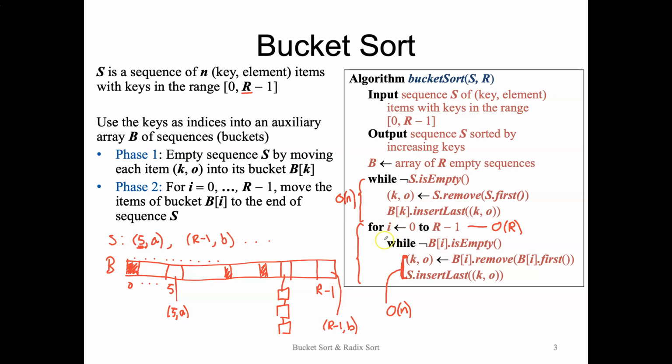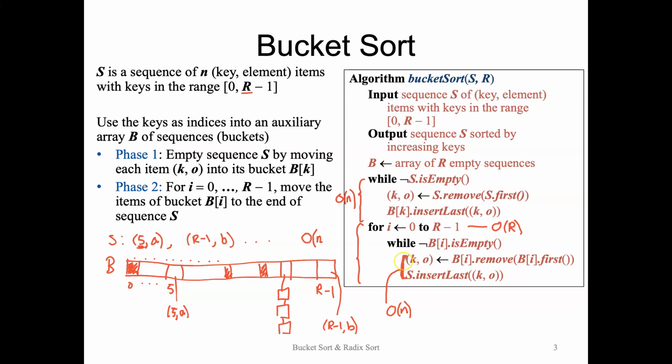So that means our total running time for this second phase is big O of n. This is how much time we spent removing those items from the array and putting them back into our sequence, because we can access an array in constant time, remove from a list in constant time, insert into the end of a sequence in constant time, and we're doing this n times.